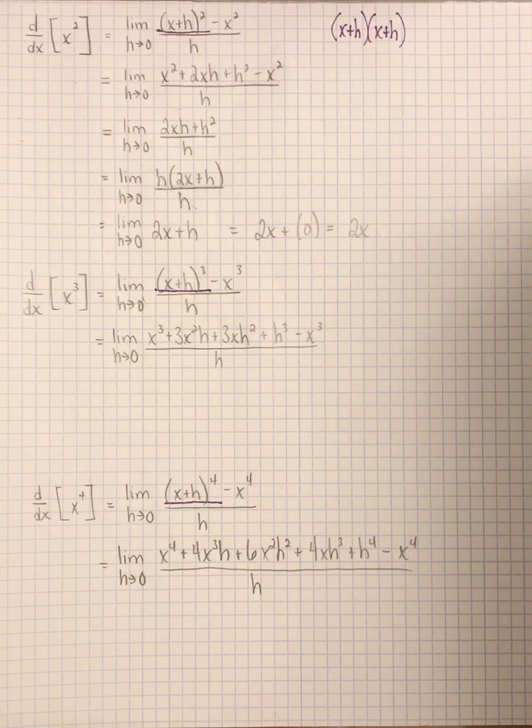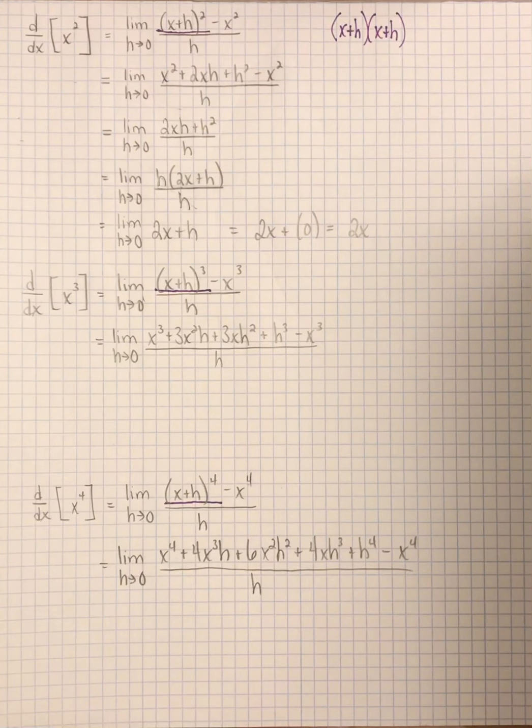And we're going to see something happen here that we saw previously in dealing with the limit definition of the derivative. Namely, in a polynomial function, all of the terms that do not have an h are going to cancel out, leaving us with only terms that do have h's. So once those x squared terms are gone from the numerator, we have this, and from here we can factor an h out of the numerator.